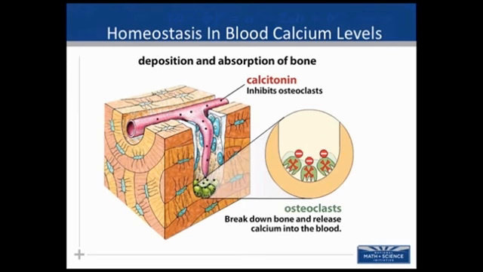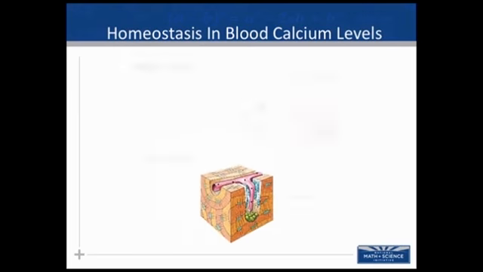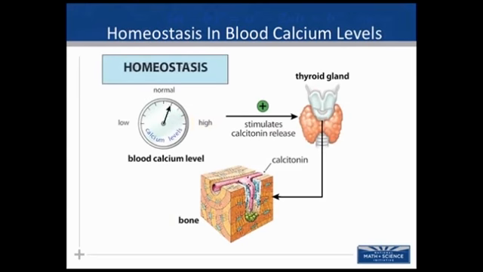Calcitonin's ability to regulate bone formation and resorption makes it an important regulator of calcium levels in many animals. However, calcitonin does not play a major role in calcium homeostasis in adult humans. If the thyroid gland is removed from an adult, the body is still able to regulate calcium levels in the blood.